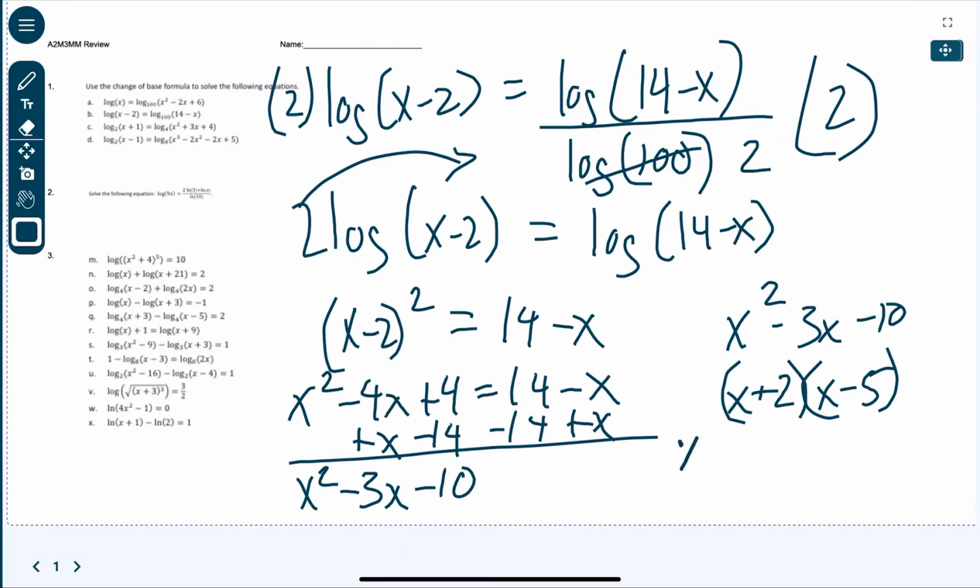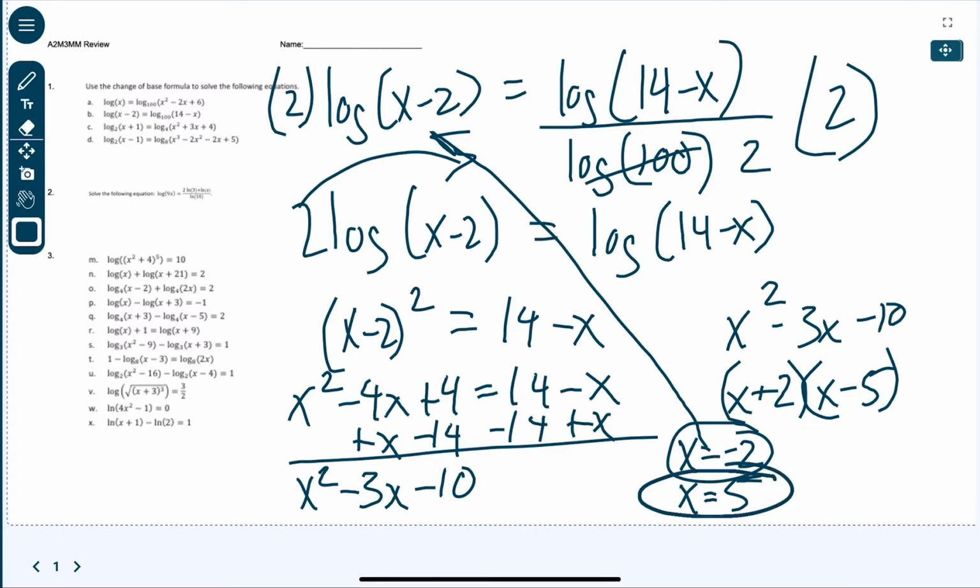Okay, so now then we would have x is equal to -2 and x is equal to 5, but now we got to look and see if we have any type of extraneous solutions. So in B, if I said -2 minus 2, that gives me a -4. So if we just plug -2 back into here, that gives me a -4, and we cannot have a negative. So 5 works on both sides. So 5 is our only answer for B.